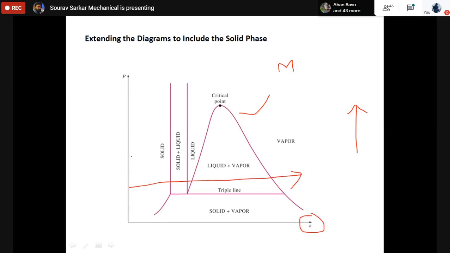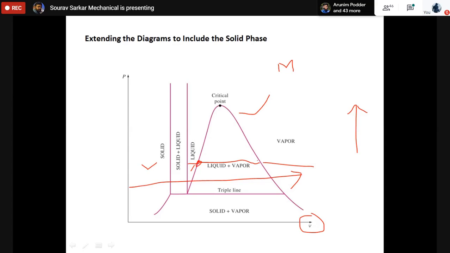So you started with solid, then the specific volume increases, it became solid plus liquid. Then you further heated, the liquid expanded, became liquid which is about to boil. Then you further heat it, it became vapor. Then you further heat it, it became superheated vapor. So during the whole process, the specific volume continuously increased.